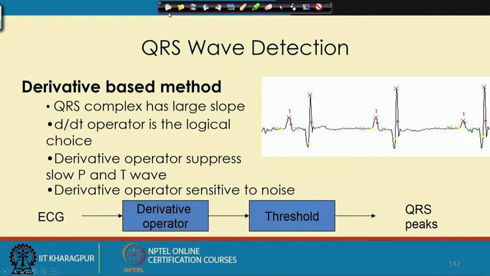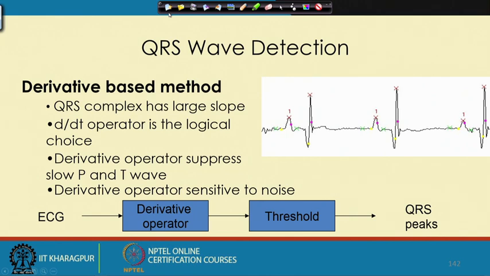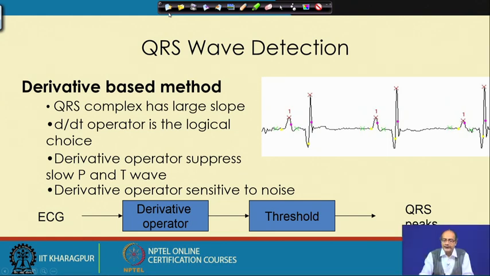So, the idea here is that first we will detect the QRS complex. If we look at the ECG signal, we know that the P wave would be preceding the QRS complex, the T wave would be following the QRS complex, and after T there would be a long time before the next ECG cycle starts, with the isoelectric line.